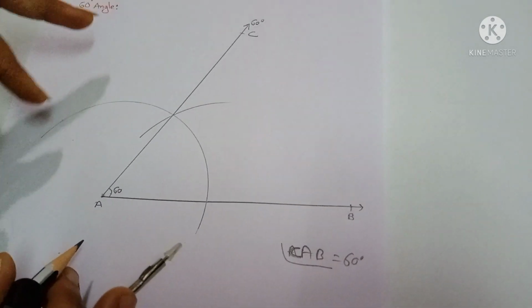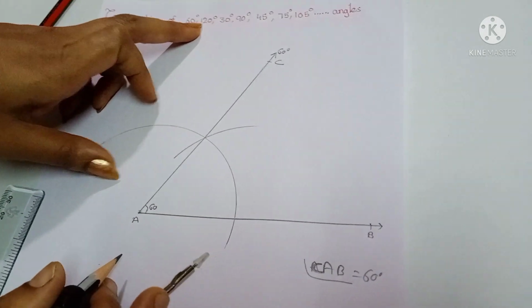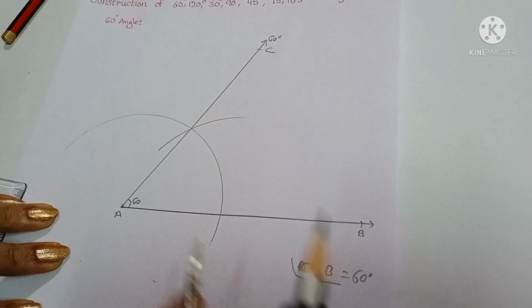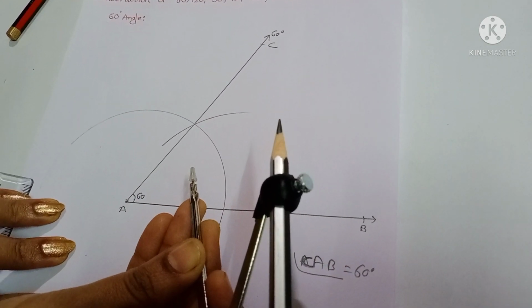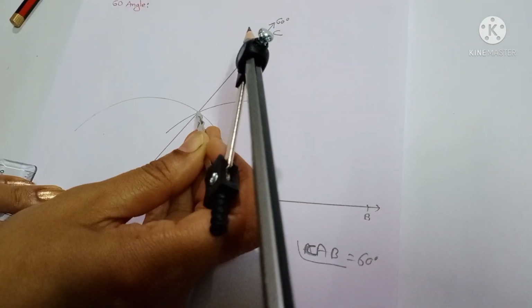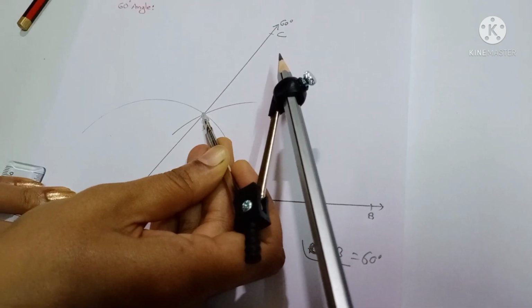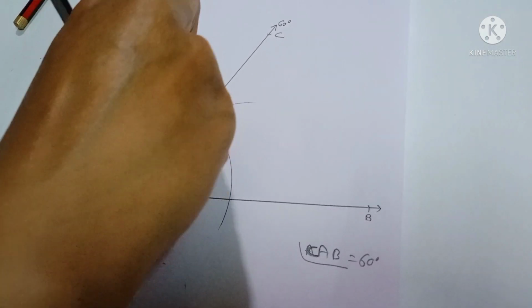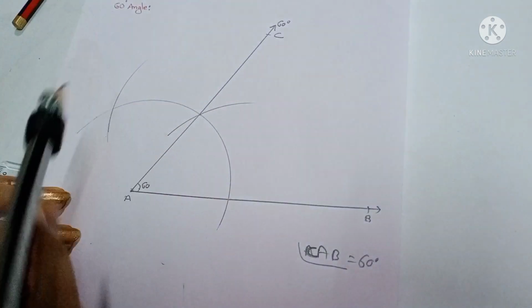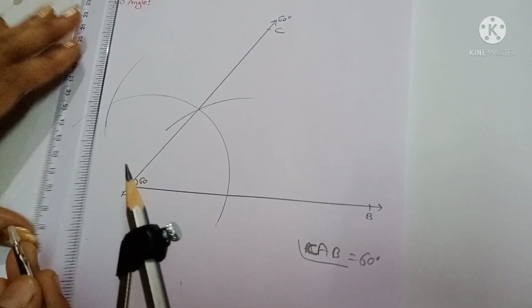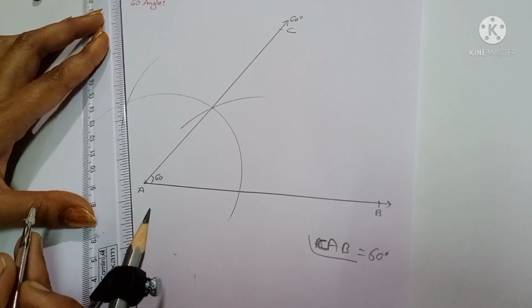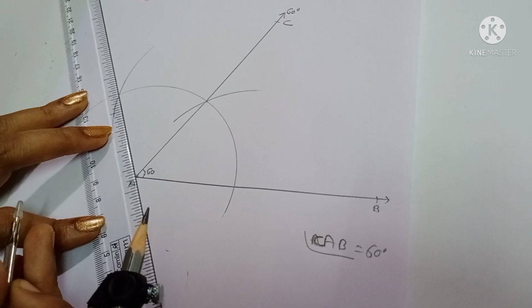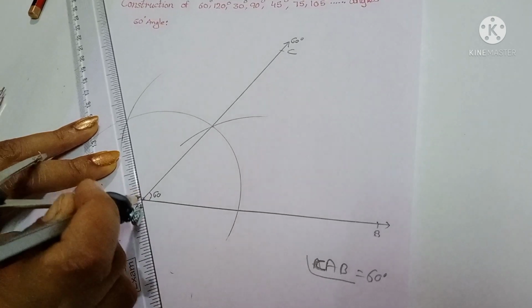And we draw 120 degrees. We draw one more arc from this center like this, and join them like this.